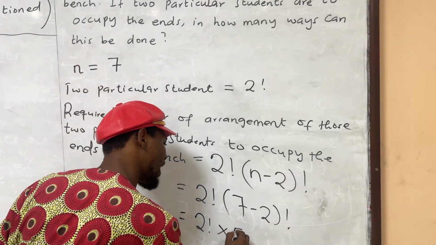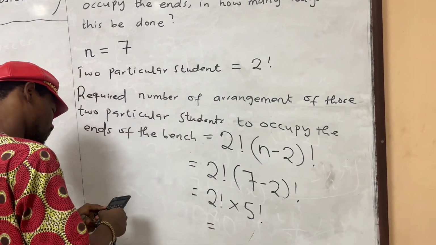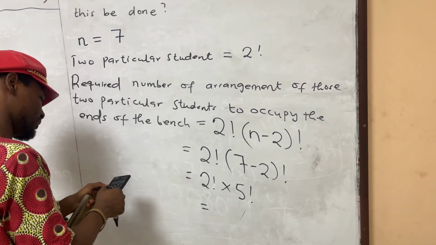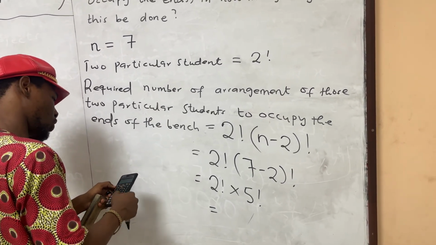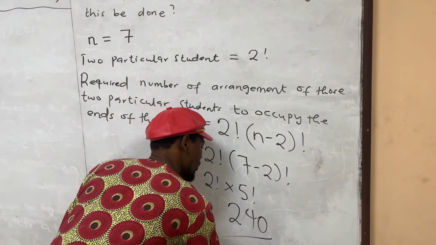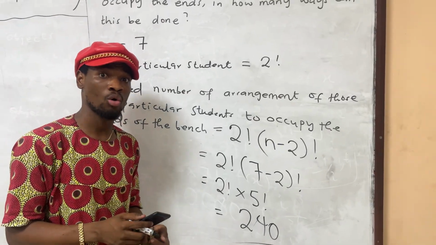I have it to be 5 factorial. So by the help of the calculator, 2 factorial times 5 factorial should give us 240. As simple as that. Viewers, this is the end to this trivial question.